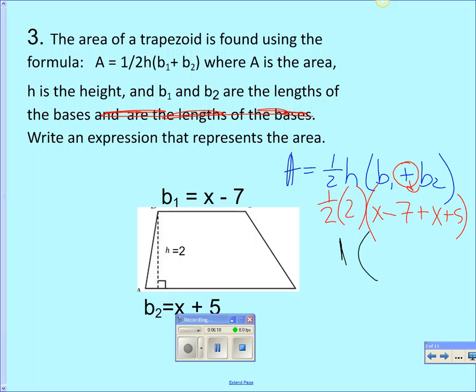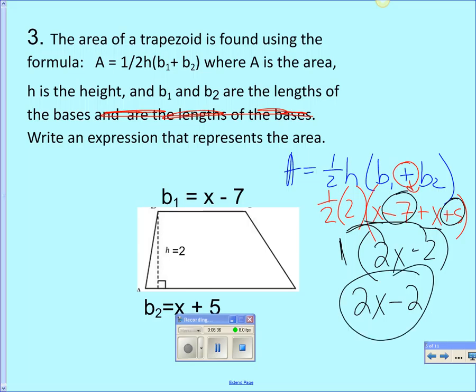Andrew, what are we doing inside this parentheses? Chad? Good, combining like terms. So guys, what's x plus x? 2x. What's negative 7 plus 5? Negative 2. Okay? When you multiply that by 1, it doesn't change anything. You're still left with 2x minus 2.